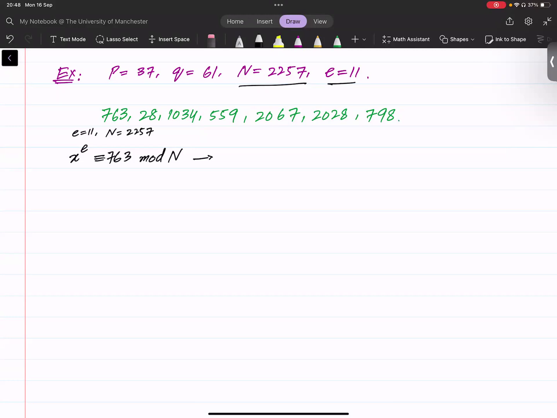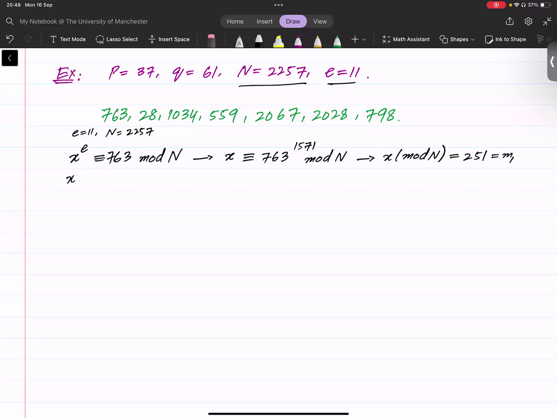And this goes to x congruent to 763 to the power 1571 mod n, and this is nothing but x mod n is 251, which I guess is M1.